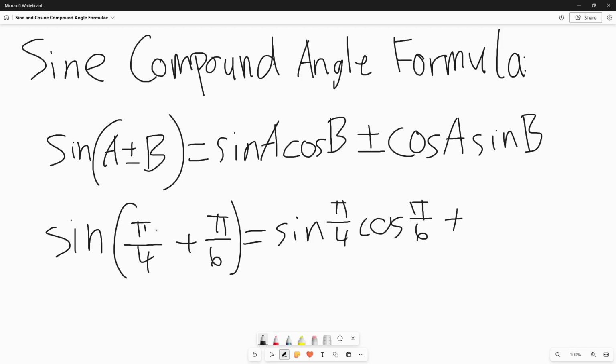And here you do plus, because the symbol in between those two numbers is plus. If it was subtraction, then this would be subtract. And then cosine pi over 4 and sine pi over 6. And this is how you use the sine compound angle formula.